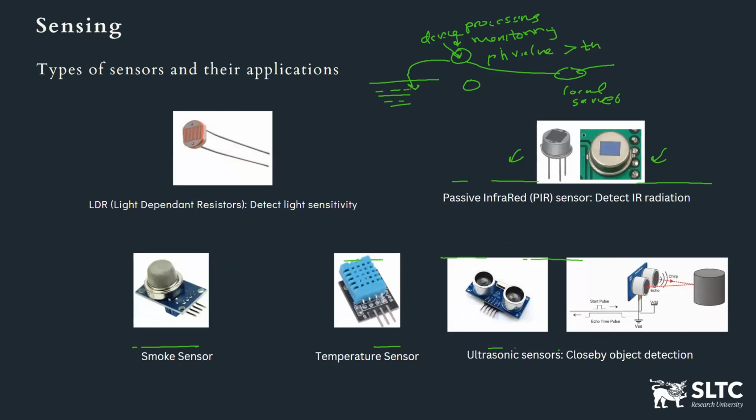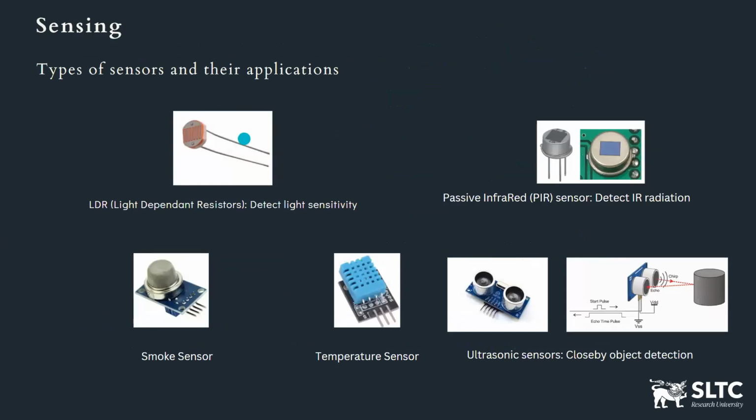So we can have multiple sensors in IoT networks. Some examples of sensors are light dependent resistors, where we can detect the sensitivity of the light, and then based on the sensitivity, the resistance will change.